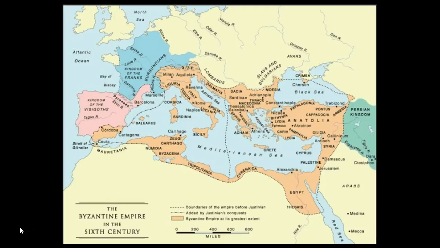Its capital city was Constantinople, which is modern-day Istanbul, and it was originally founded as Byzantium. So this was a sort of Greek city. It survived the 5th century fragmentation and fall of the Western Roman Empire and continued to exist for an additional 1,000 years until it fell to the Ottoman Turks in 1453.